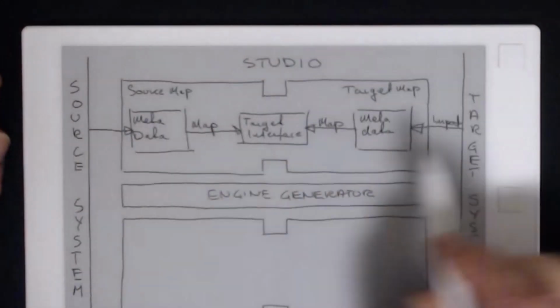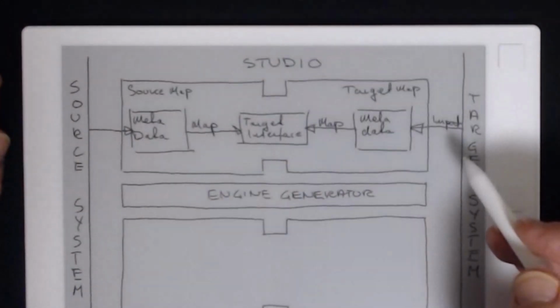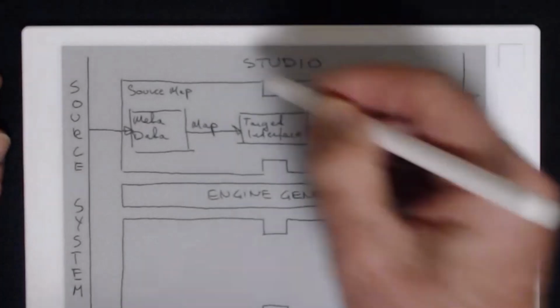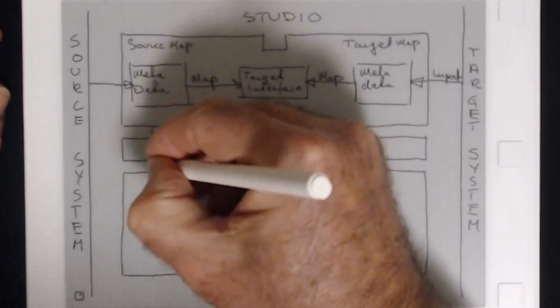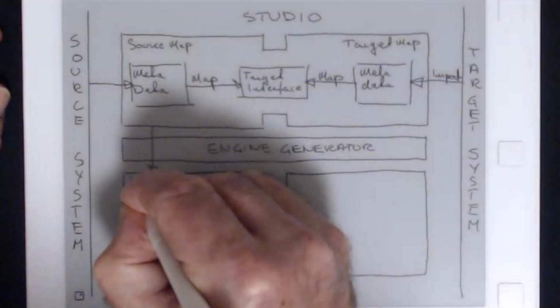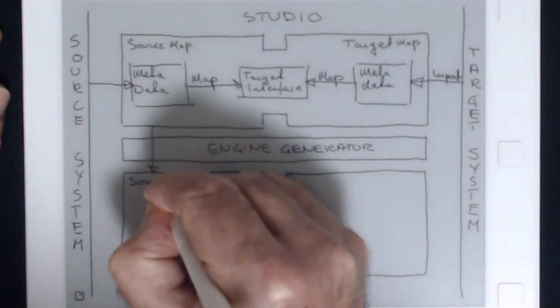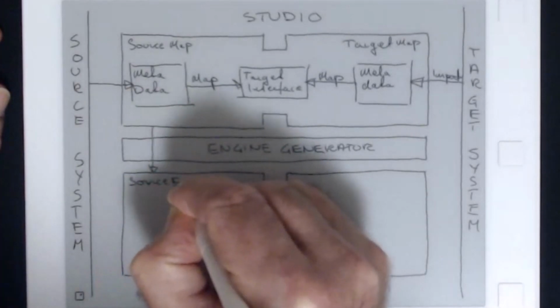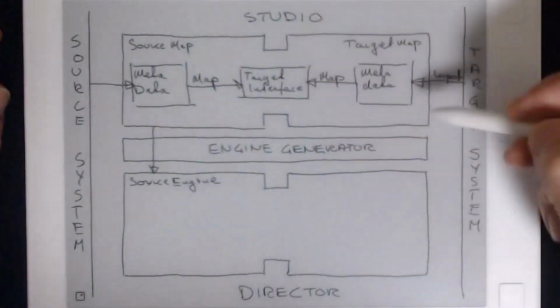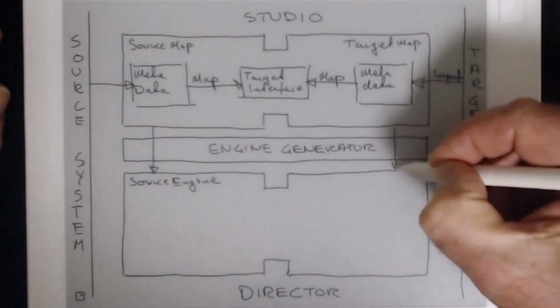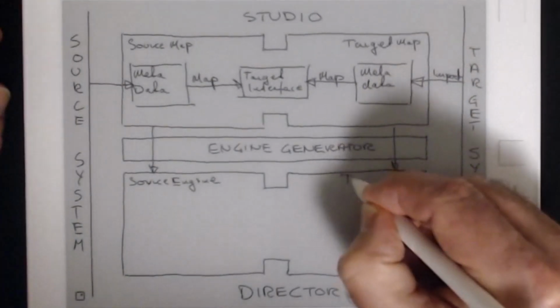This is what we're doing in Studio. Then the entire source map is given to the engine generator, and the engine generator will generate a source engine. Likewise, the entire target map is given to the engine generator, and it will generate a target engine.